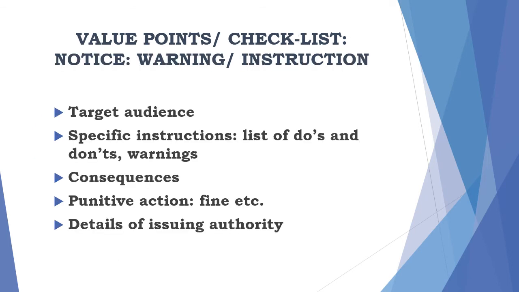The following value points can be used for writing notices containing a warning or some instruction. Target audience, specific instructions like list of do's and don'ts, warnings, consequences, punitive action, fine, etc. Details of issuing authority.